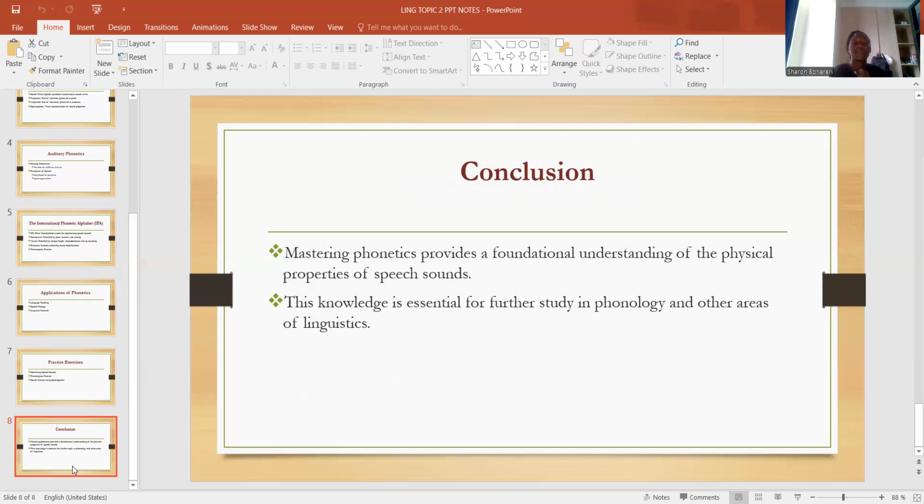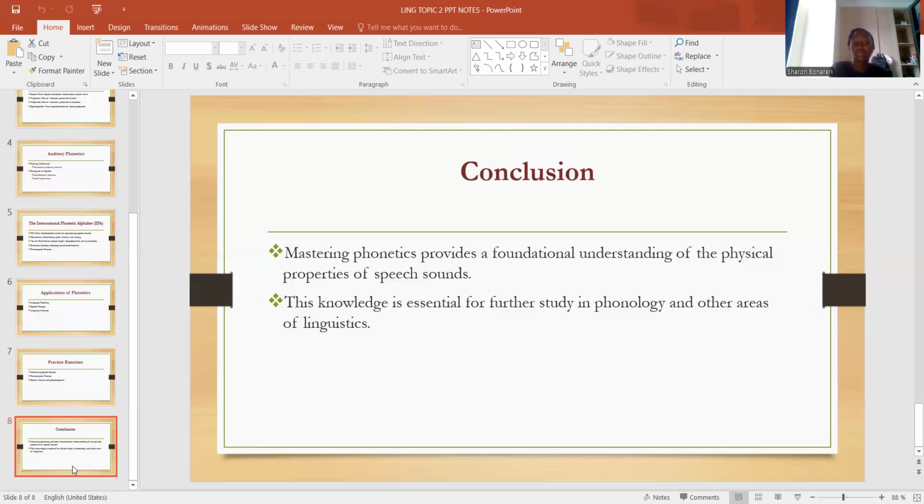This knowledge is essential for further studying phonology and other areas, because we'll be looking at phonology, semantics, pragmatics, and historical linguistics. So you've got to start first with phonetics. You should understand what sounds we are talking about before exploring further.